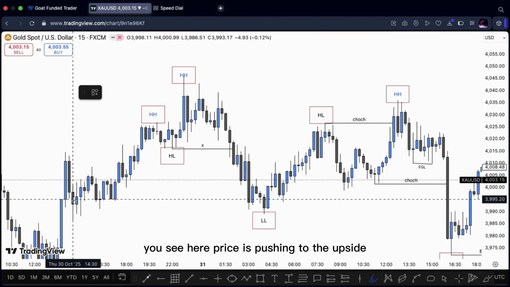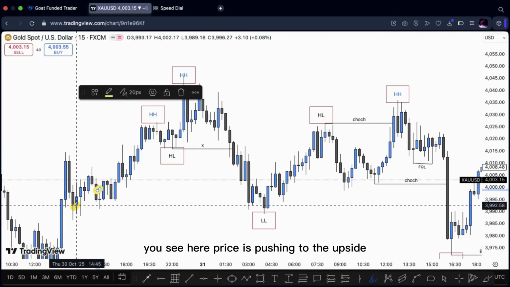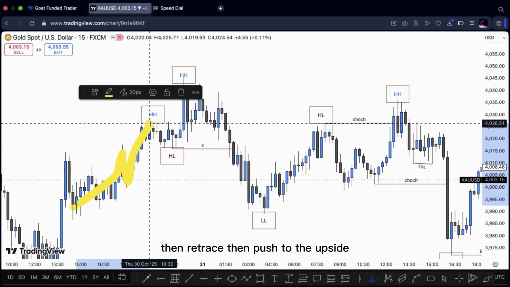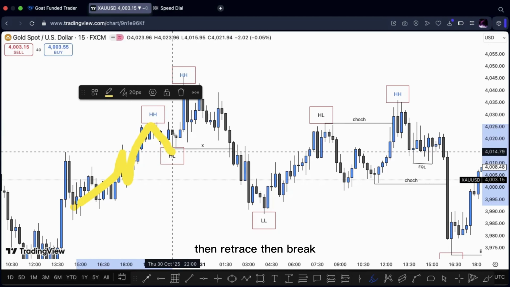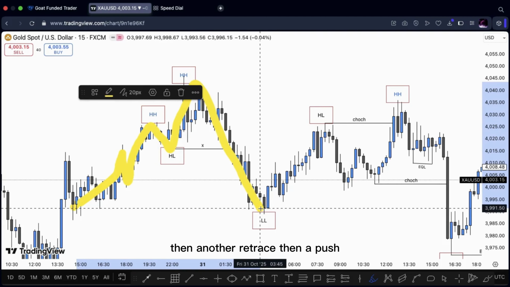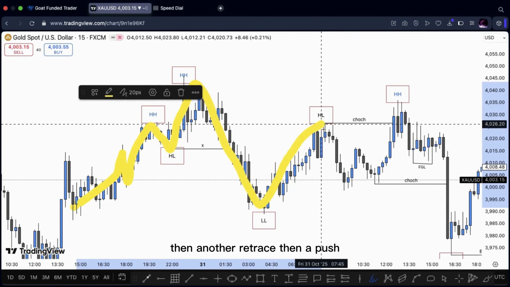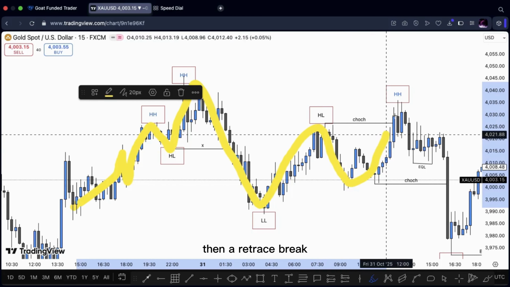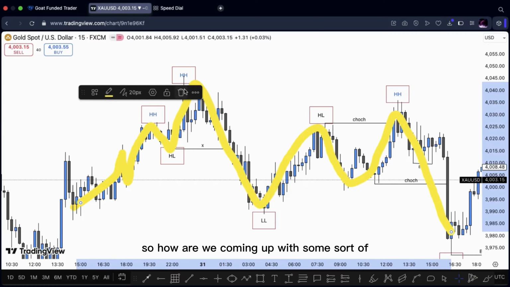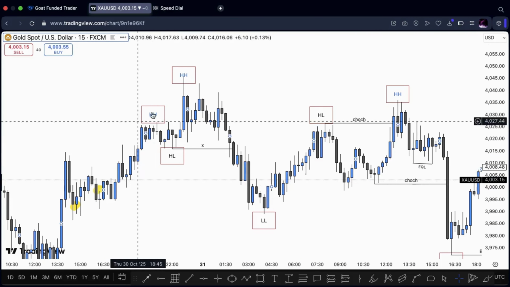You see here, price is pushing to the upside, then retrace, then push to the upside, then retrace, then break, then another retrace, then a push, then a retrace, break, then retrace. You can see that. So how are we coming up with something like that?